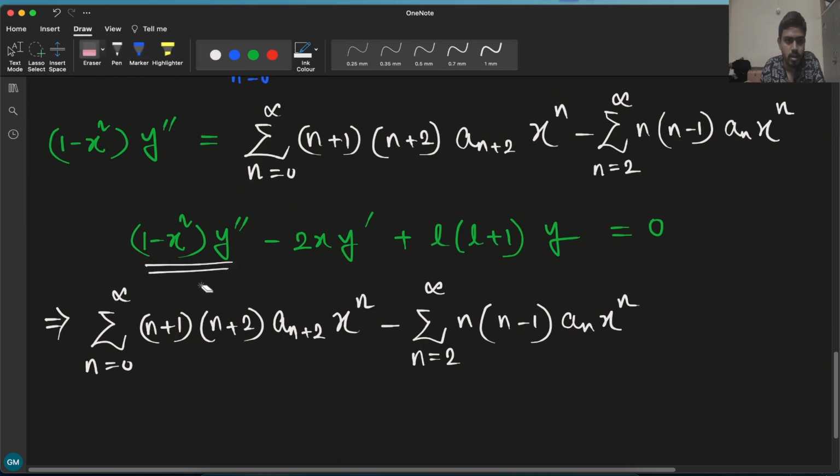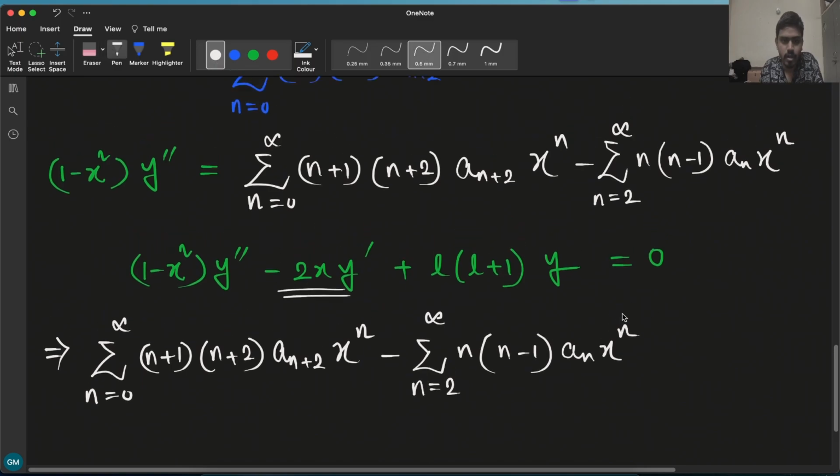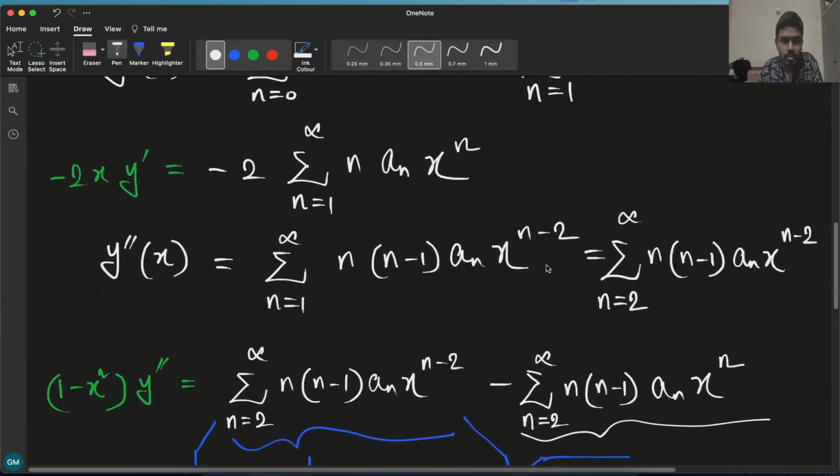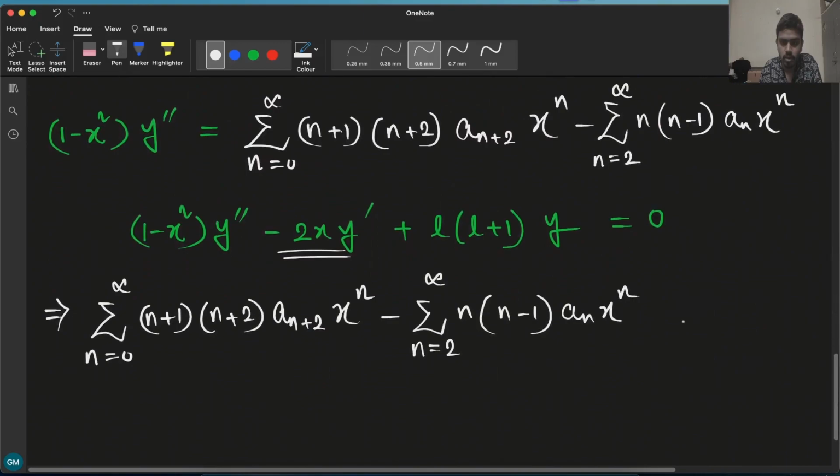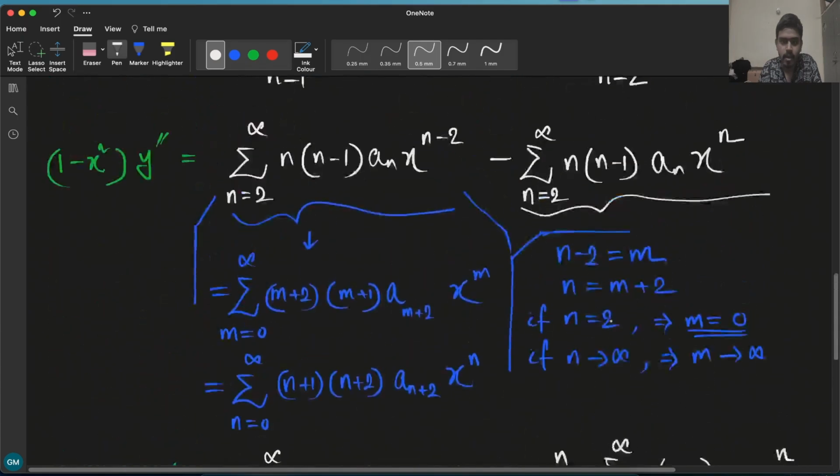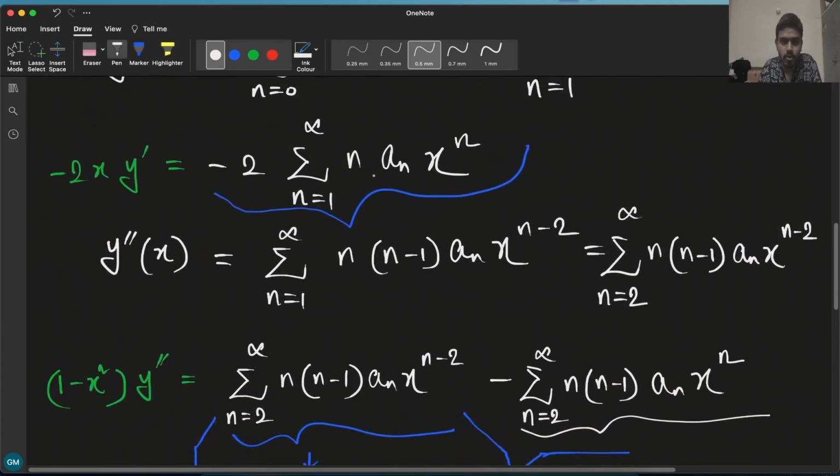Now let's write the second term. The second term is minus 2x y dash, which is this one, so that is minus 2 times the sum over n equals 1 to infinity of n a_n x to the power n.